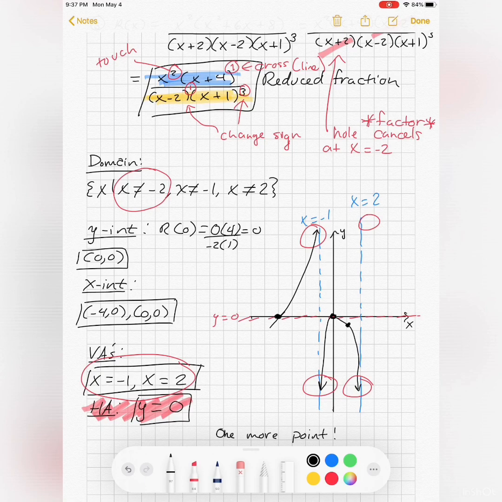Yes, it crosses. Without calculus, I don't know how far this dips down. Okay, but it comes up towards the horizontal asymptote on the end. I do know that much. Now there are no other x-intercepts on the right. Graph would have to look something like that.